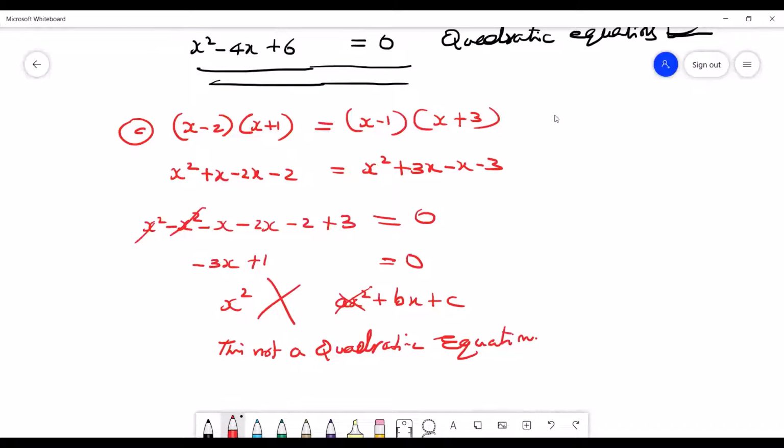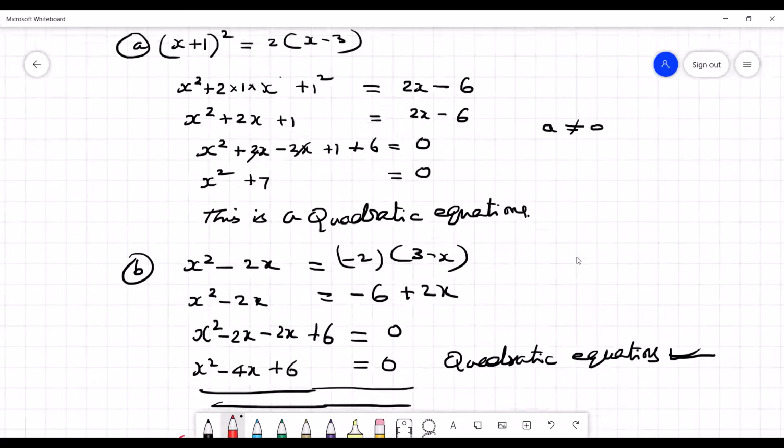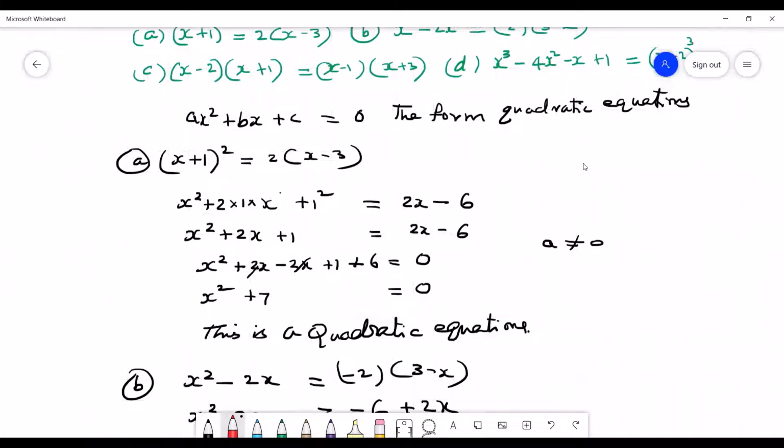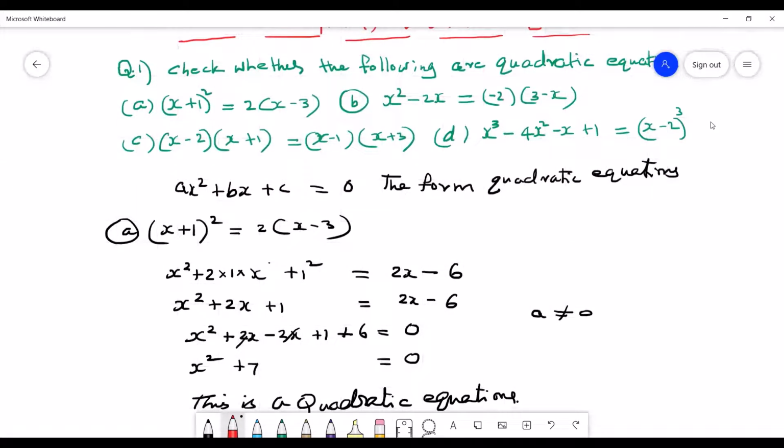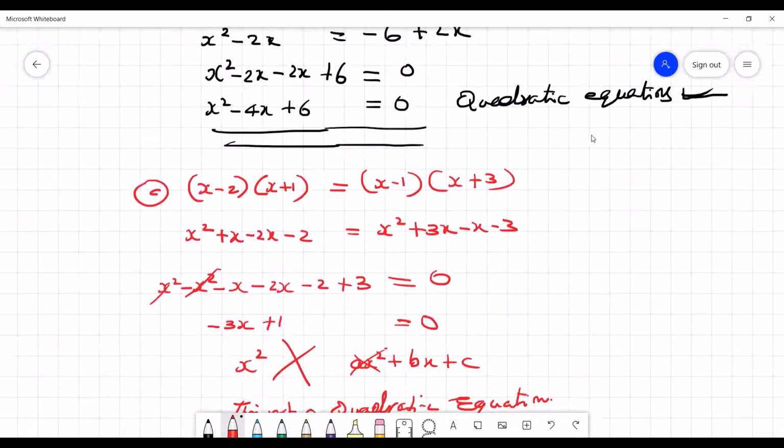Now let us come to the last question in this case, that is x cube minus 4x square minus x plus 1 is equal to x minus 2 the whole cube.